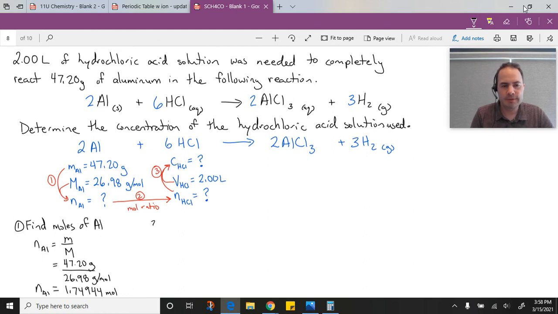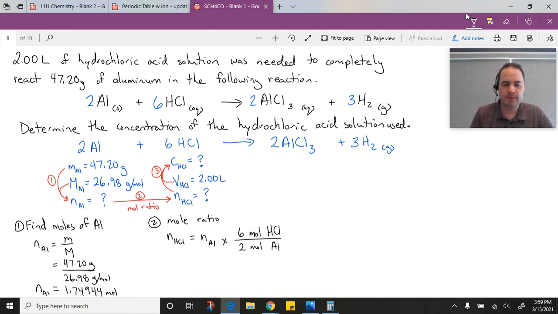Now we're going to do our mole ratio step. So our mole ratio, we want to find moles of HCl. So we're going to set it up as the, whoops, not the mass, that's silly. We've got the moles of aluminum times, and then we need the ratio from our balanced chemical equation. Remember, we're looking to figure out the moles of HCl, so moles of HCl goes on top, so 6 moles HCl to 2 moles of aluminum.